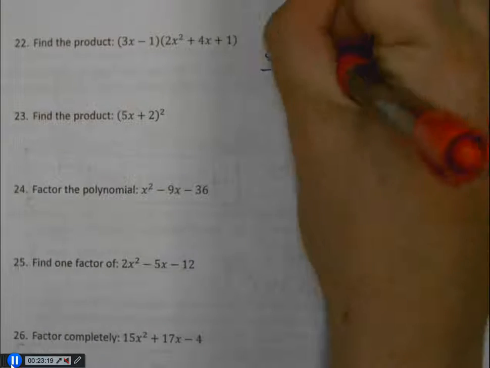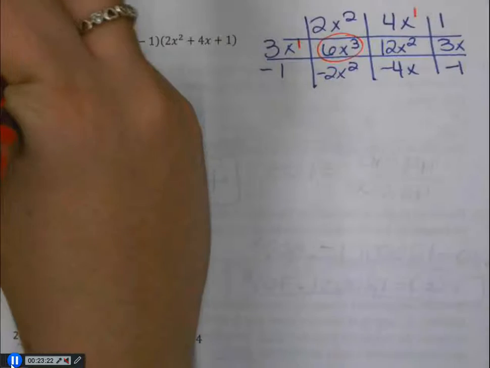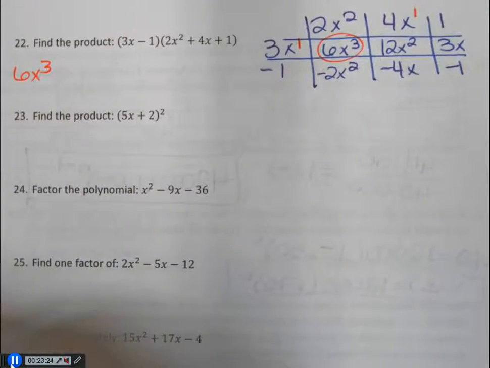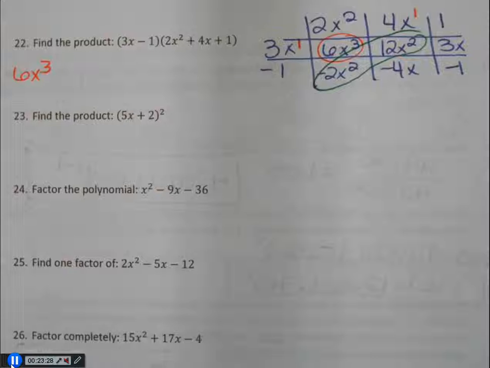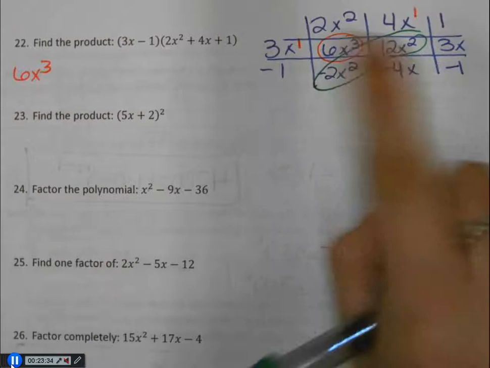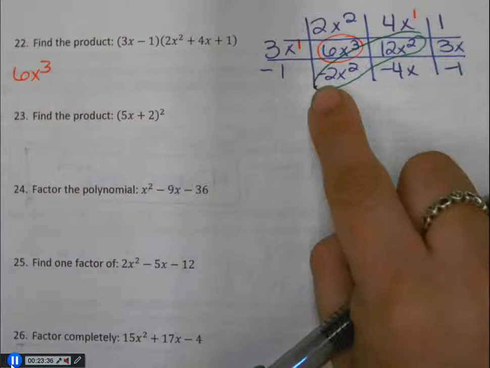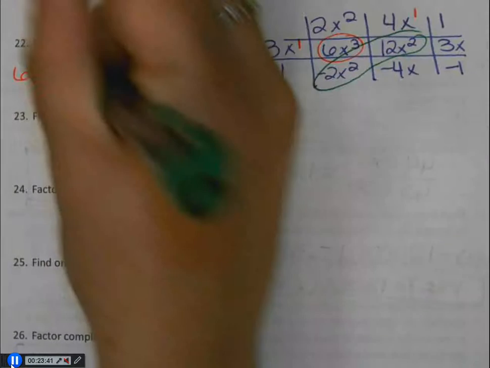I only have one thing with a cubed, so I write 6x cubed. I have negative 2x squared and positive 12x squared. This one's 12, this one's negative 2. So 12 minus 2 is 10.